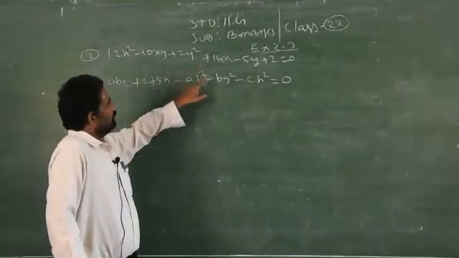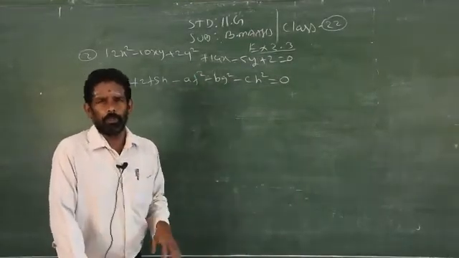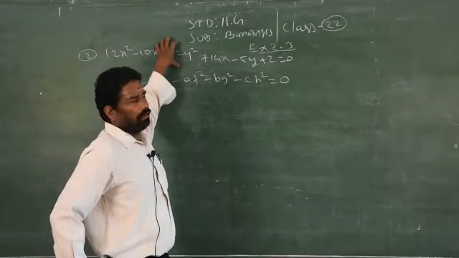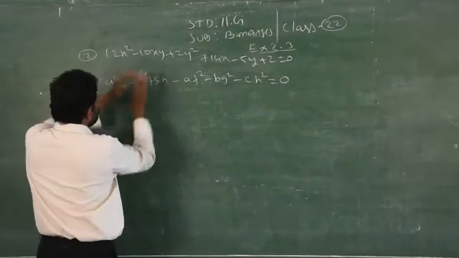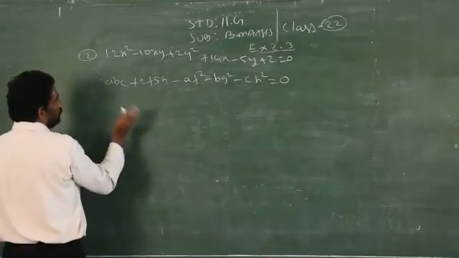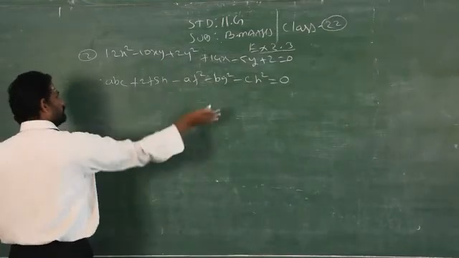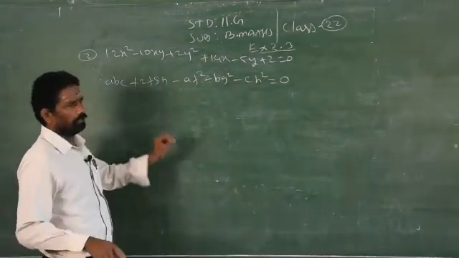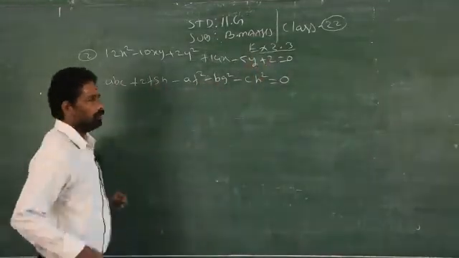When the condition is not satisfied, we cannot find the separate equations from the pair of straight lines. Clear? So first verify. If it is not a pair of straight lines, you can write straight away that we cannot find the separate equations. The answer is over. Clear?